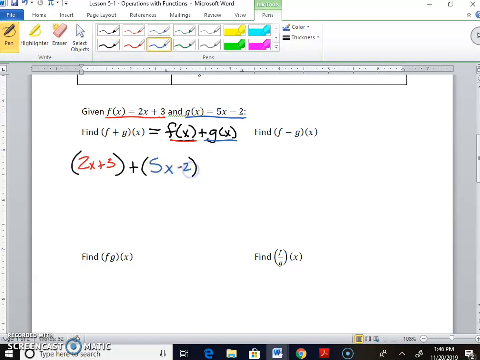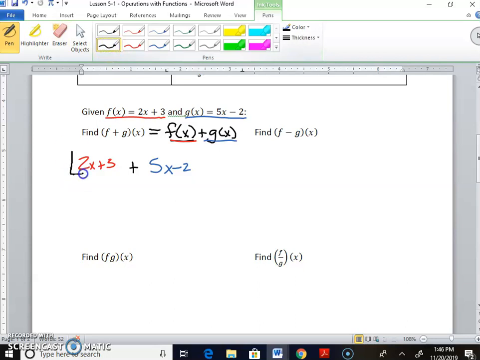Okay, so f plus g of x is just f of x plus g of x, so we end up with 2x plus 3 plus 5x minus 2. Now, when I'm adding, if I've got an addition sign here in the middle, we really don't need to worry about these parentheses. All you are going to do is combine like terms.